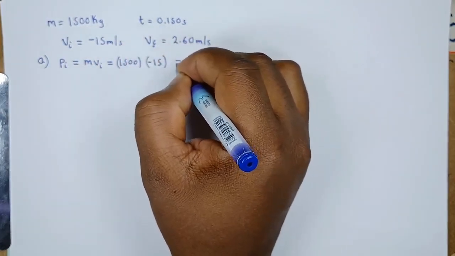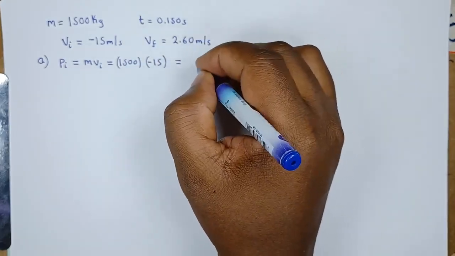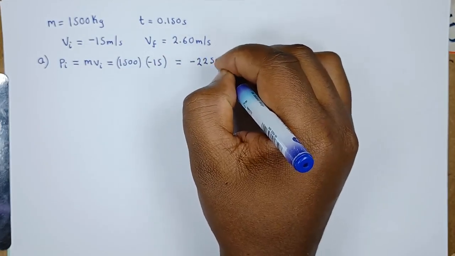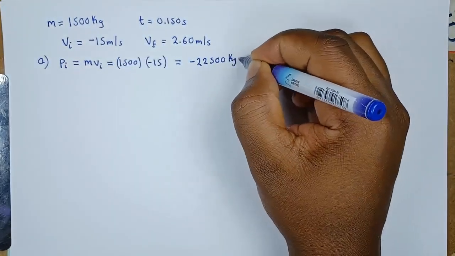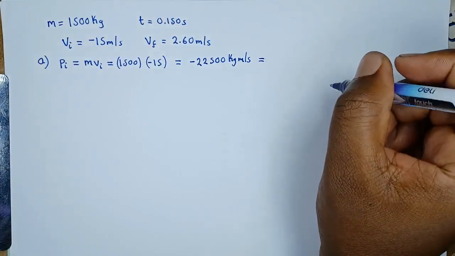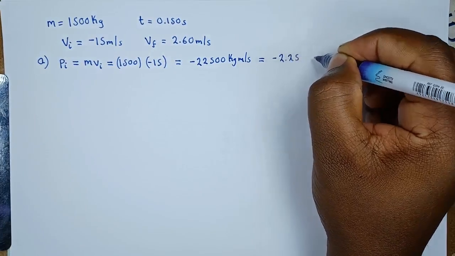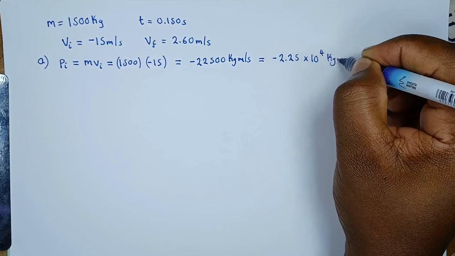If we multiply these two, we simply get negative 22,500 kg meters per second. Let's write it in standard form to be easier that way. So in standard form, this is negative 2.25 times 10 to the power 4 kg meters per second.